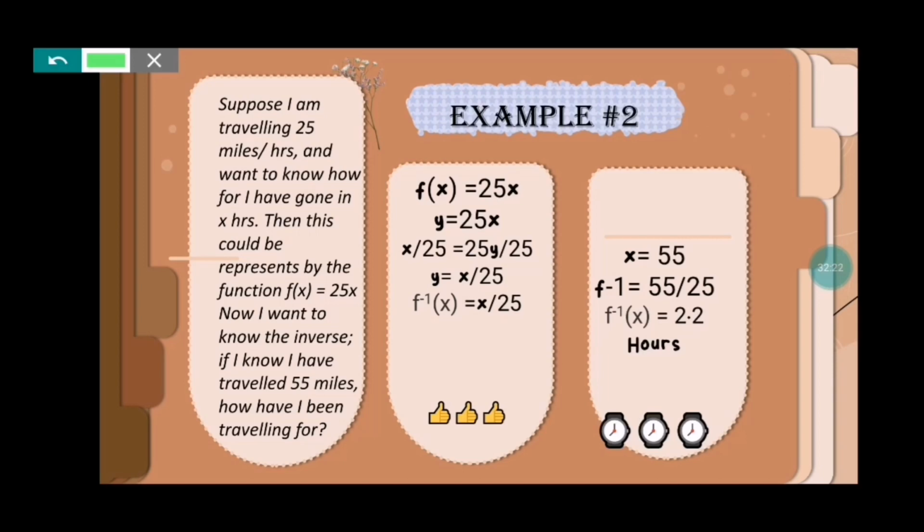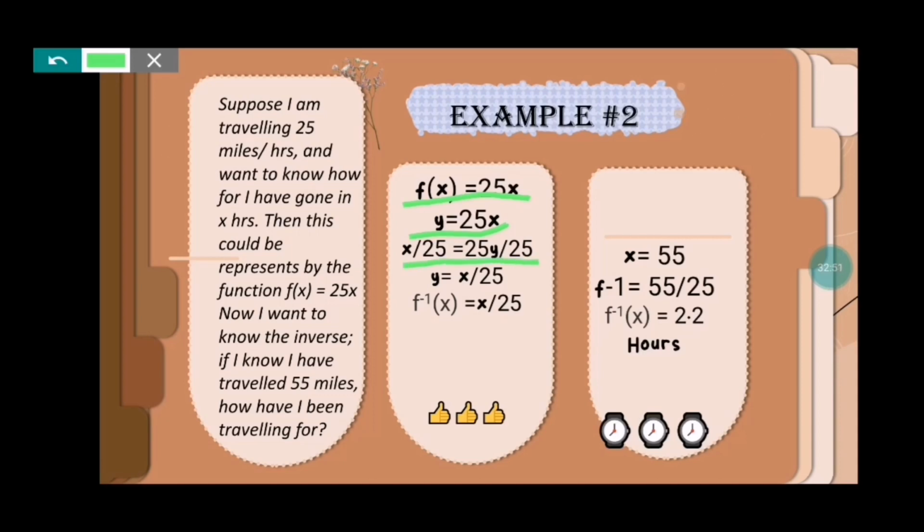First step, we're going to write the function. We have here f of x is equal to 25x. Then, change the f of x to y. So that's why we have here y is equal to 25x. And interchange x and y.